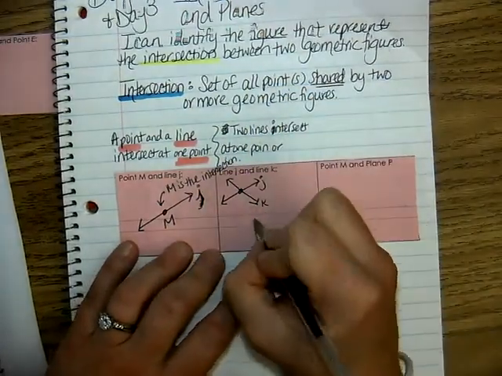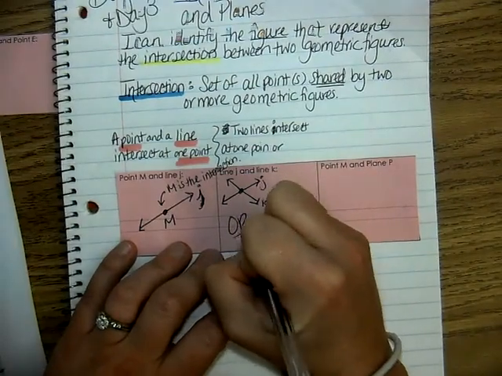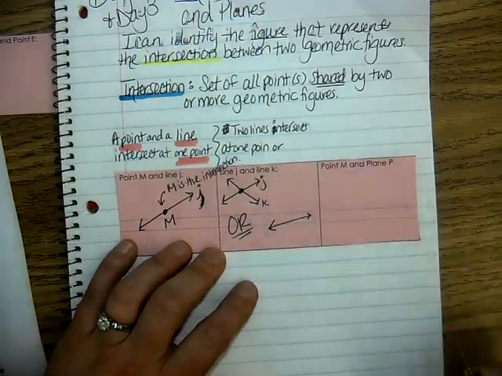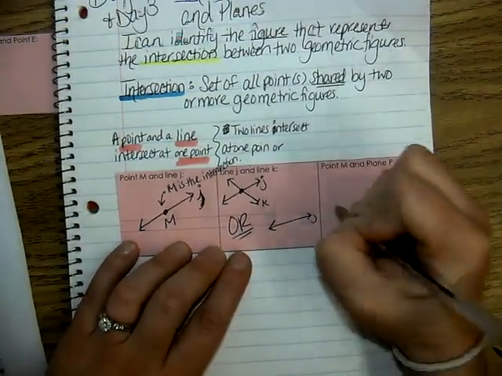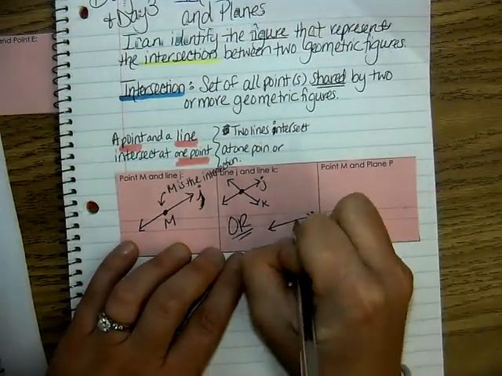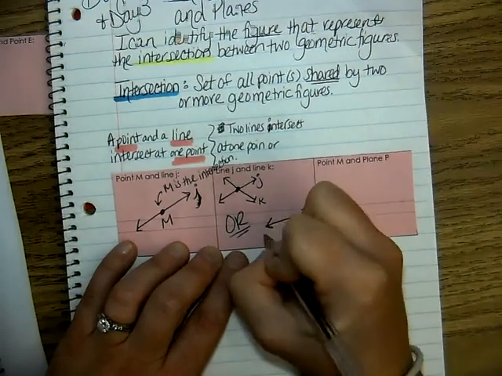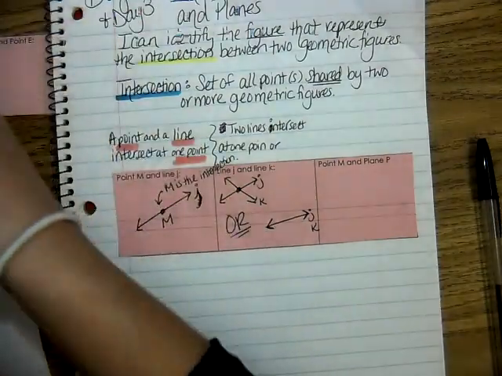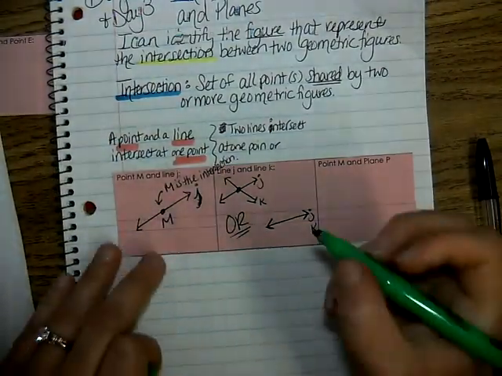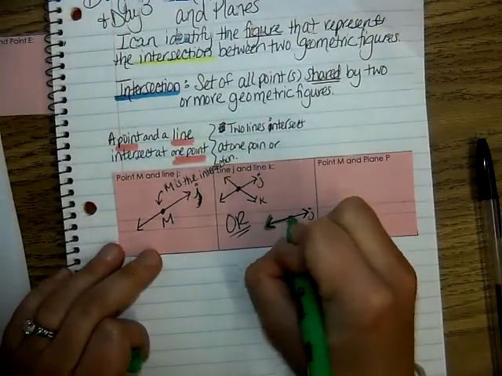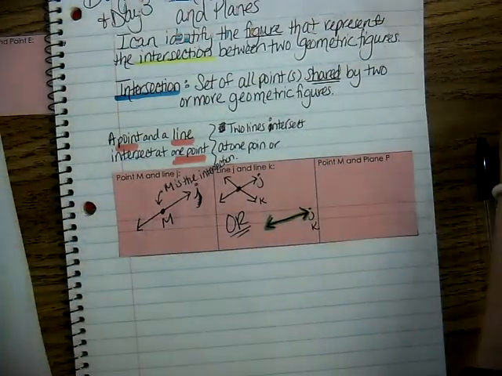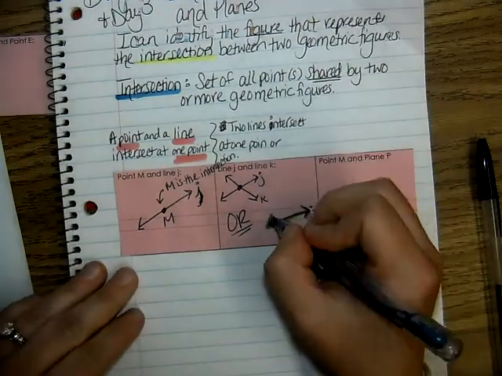or, I'm going to put a big huge or, two lines could be one right on top of each other. This is line J, and then I could draw a line right on top of it and call it line K. So what that looks like, if I were to use colors, is line J would be in green, and then line K would be right on top of it in blue.